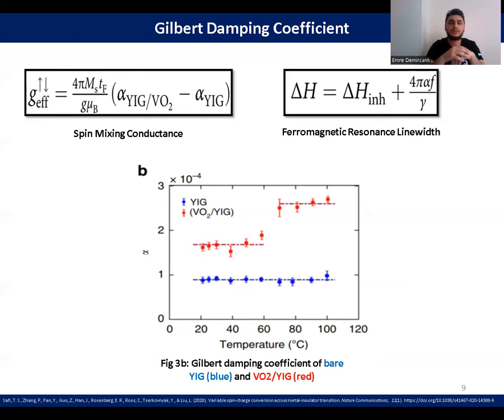From this, it can be said that there is an increase in spin pumping during the metal insulator transition, indicating a large increase in spin to charge conversion efficiency.